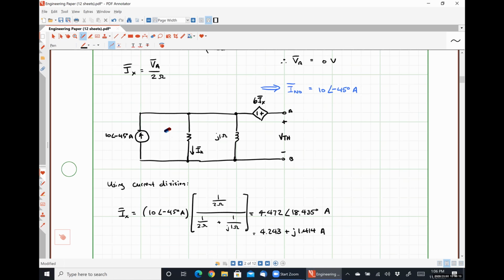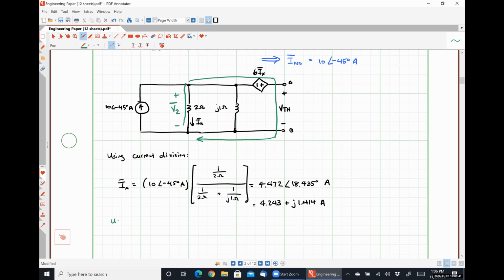So I'm going to move this 2 ohms over here so we can see what's going on. I'm going to call the voltage drop over the 2 ohm resistor a phasor voltage V2. And I'm going to write a Kirchhoff's voltage law equation around this loop.